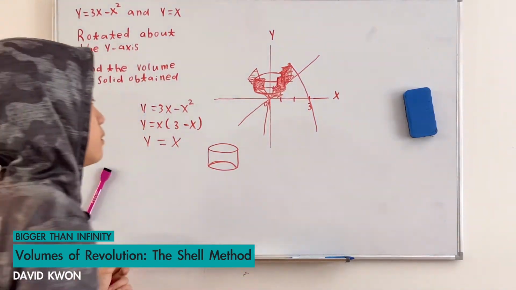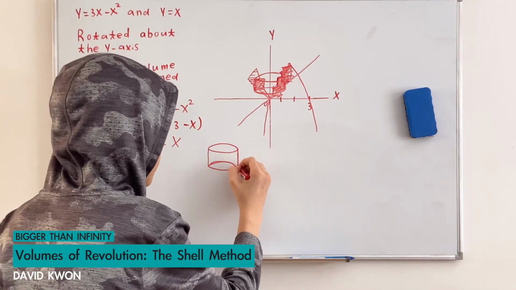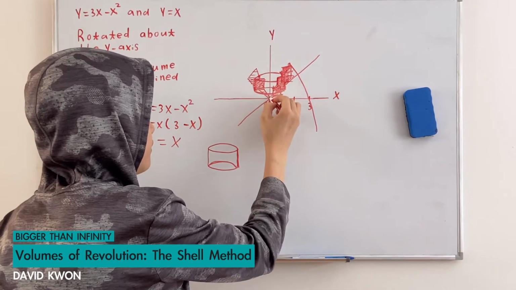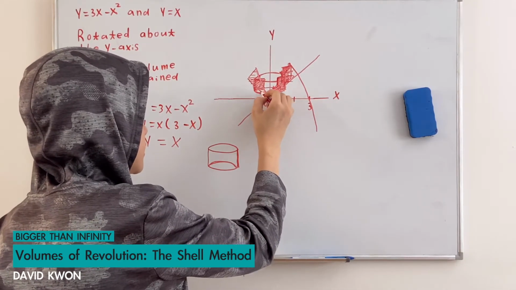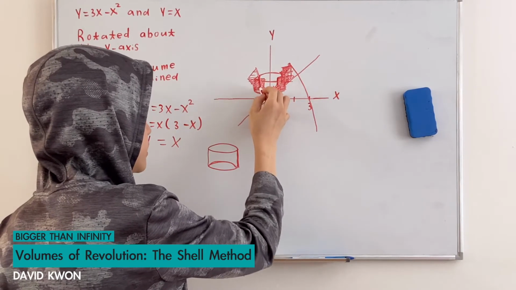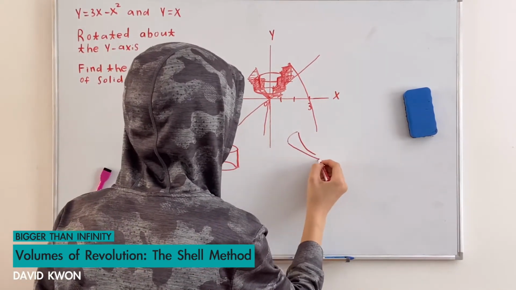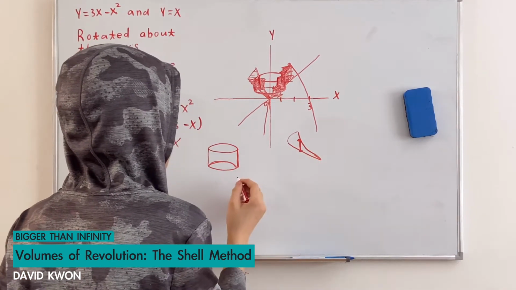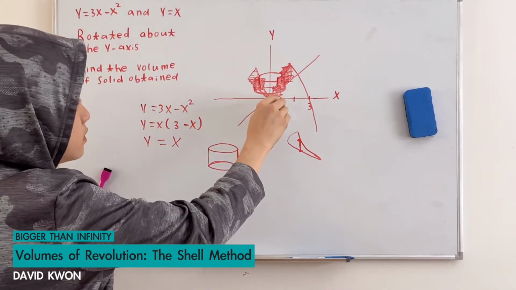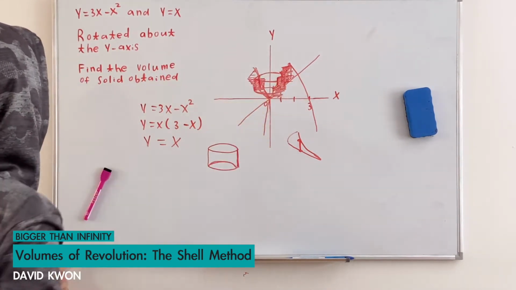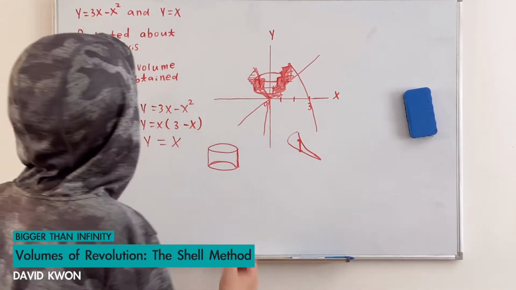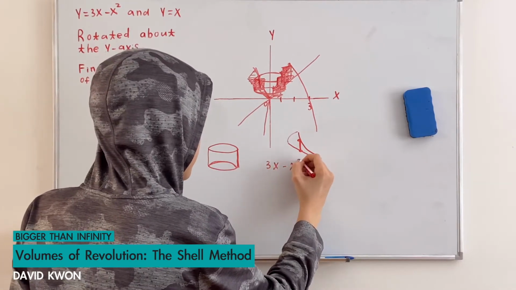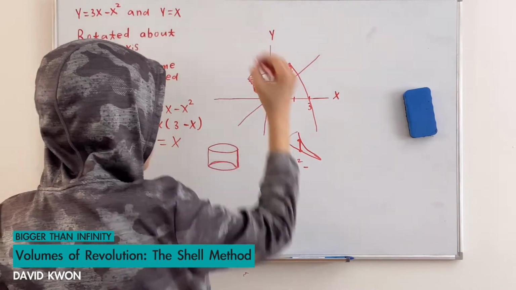So what do we know? Well, this length, we can find by taking this function minus this function. So we get a distance like this. If we subtract this function from this function, we find a distance, where the top function is 3x minus x squared, minus the bottom function, which is just x.